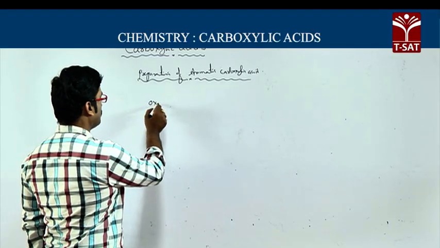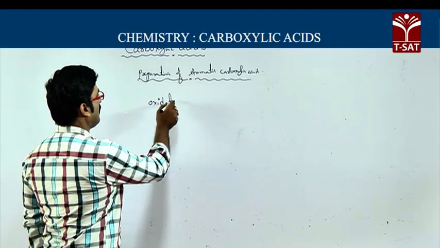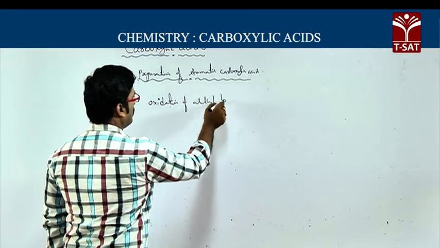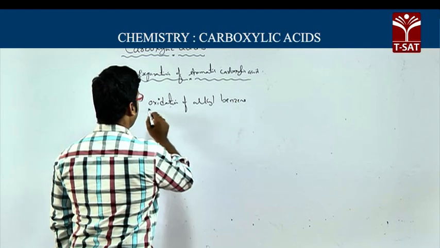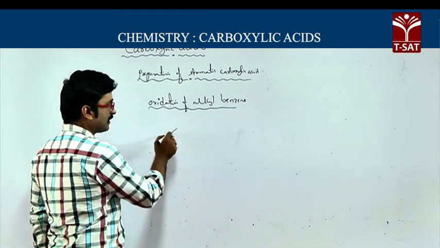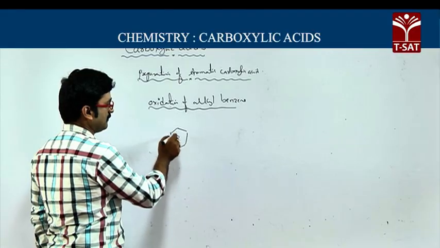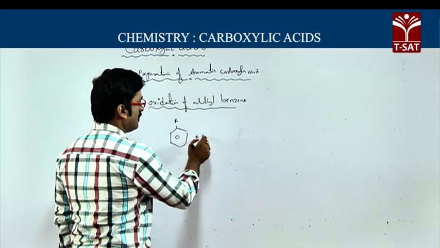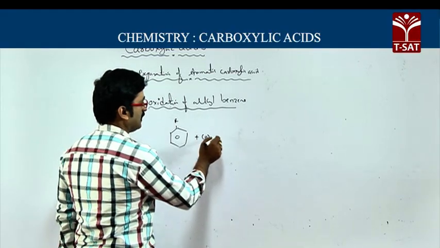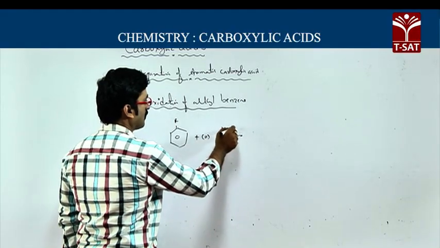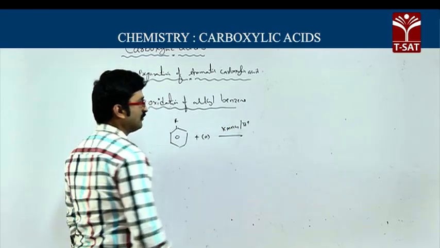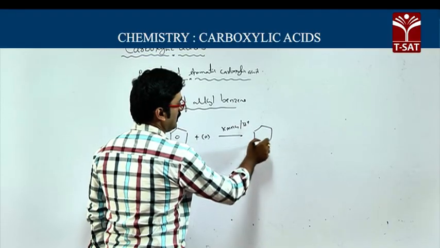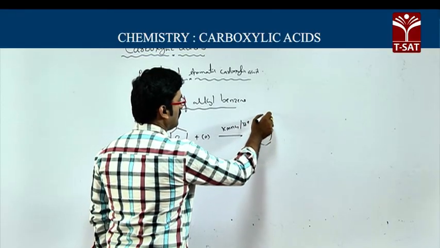The next one is very important: oxidation of alkyl benzene. Alkyl benzene on oxidation in the presence of KMnO4 and H plus, potassium permanganate, gives benzoic acid.